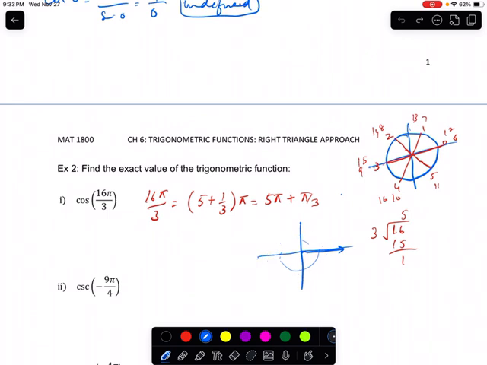Now I can erase those circles and just say this is pi over 3. So cosine of 16 pi over 3 will have the same numerical value as cosine of pi over 3, but with a negative sign. Cosine of pi over 3 is 1/2. Therefore this value will be negative 1/2.